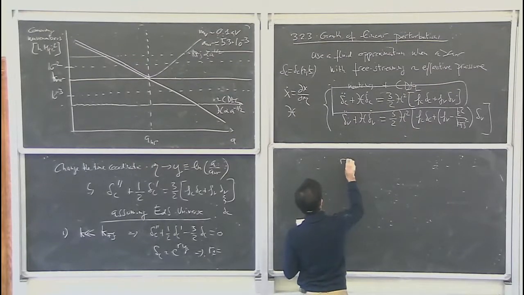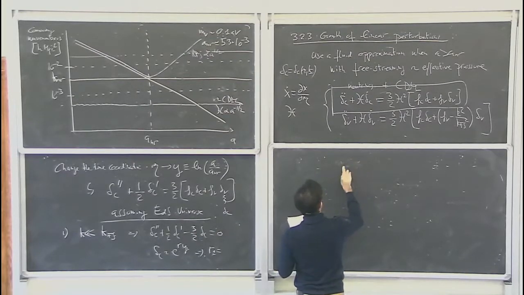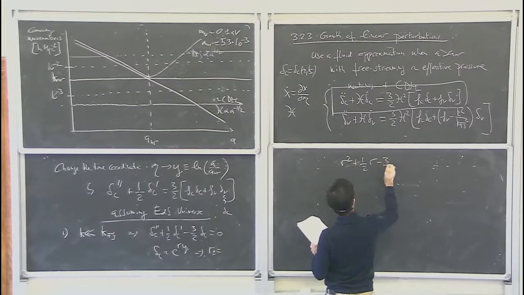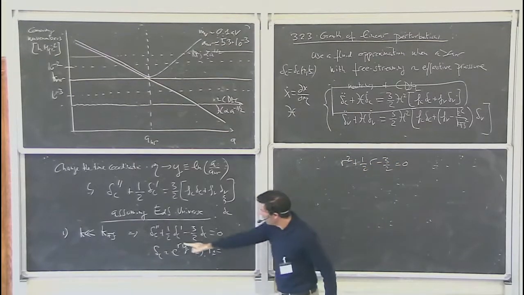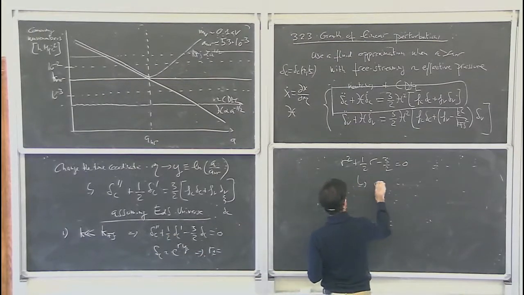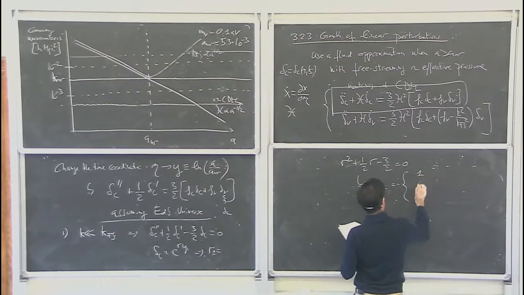Let me just write down the characteristic equation. It's r squared plus 1/2 r minus 3/2 equals 0, with this trial solution, which you trivially solve as r plus minus. You have 1 and minus 3/2.